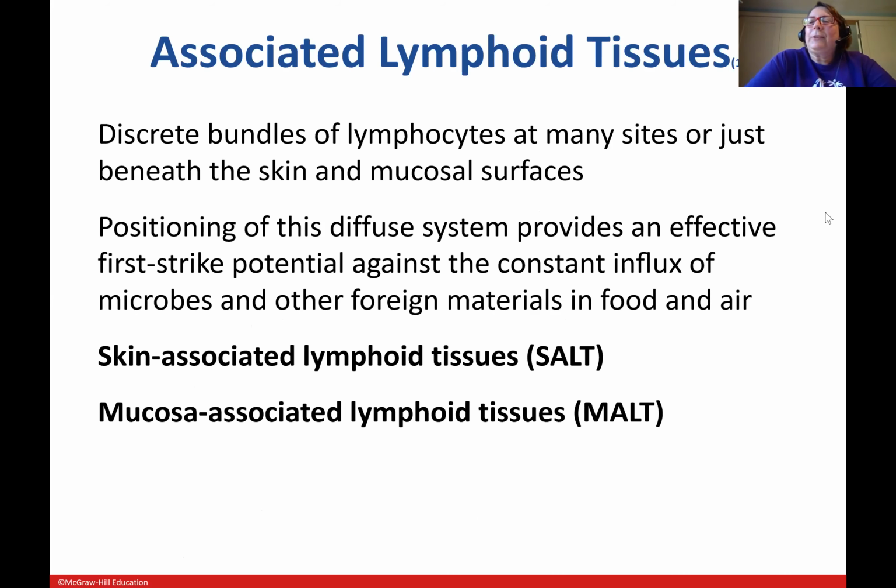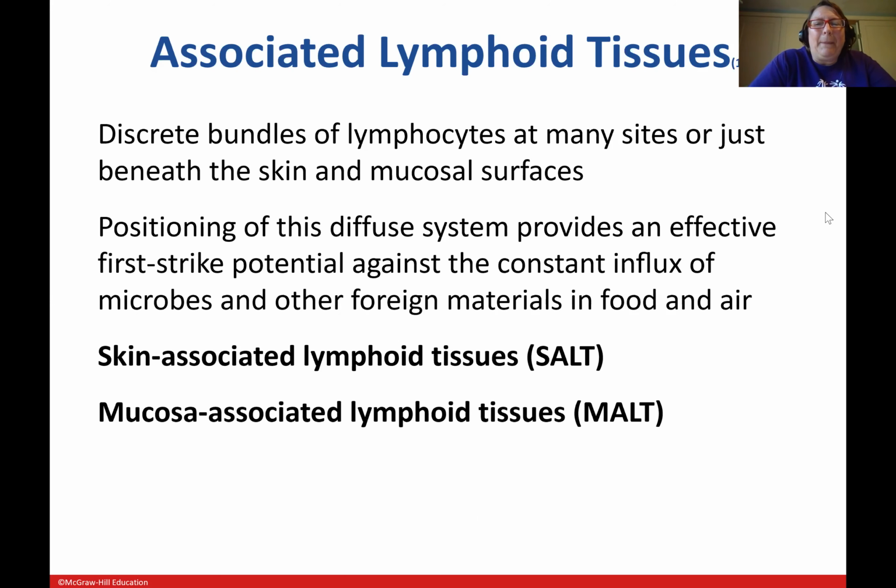So there are also things called associated lymphoid tissues, and these are discrete bundles of lymphocytes that hang out on or just beneath the skin and mucosal surfaces. So these are kind of poised, ready to attack.